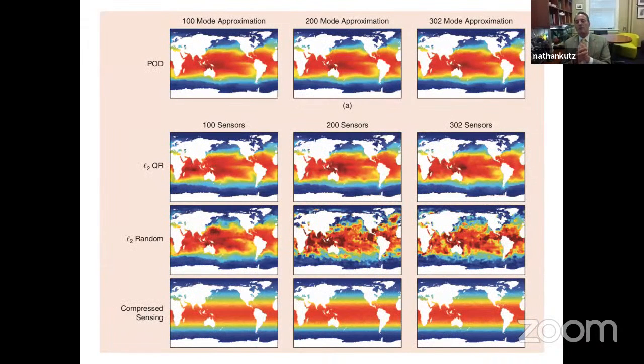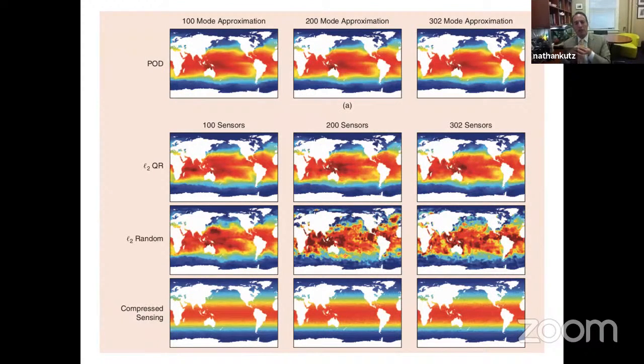That's what they look like. But here's the performance difference. Okay? So on the top is sort of the truth. These are low rank reconstructions of the sea surface temperature data with 100 modes, 200, or 300 modes. So that's kind of what, let's call it, the truth.